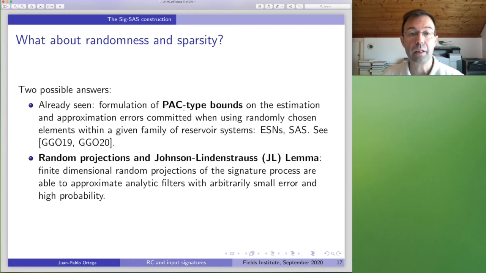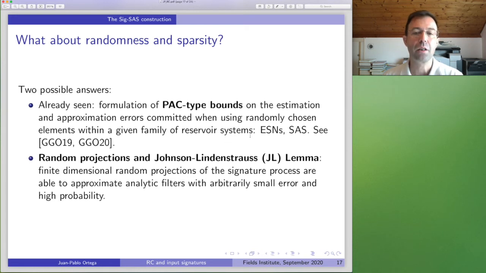The first would be using standard stochastic analysis, concentration inequalities type of techniques, to prove that various families have these properties, in the sense that you randomly generate them and can have arbitrarily good approximations with high probability.